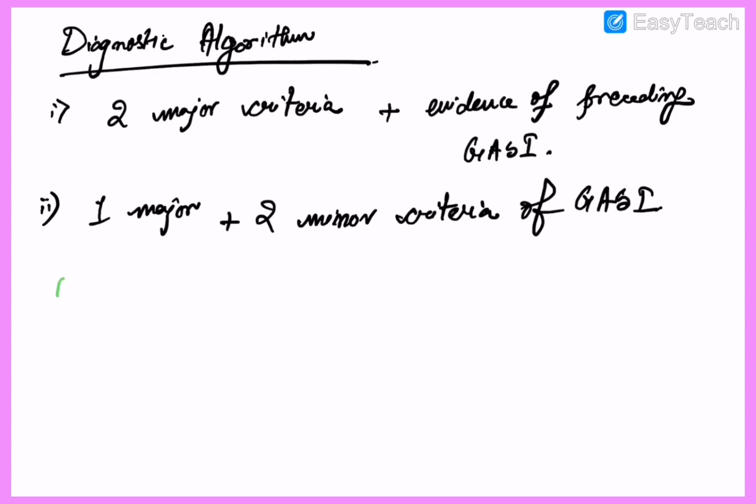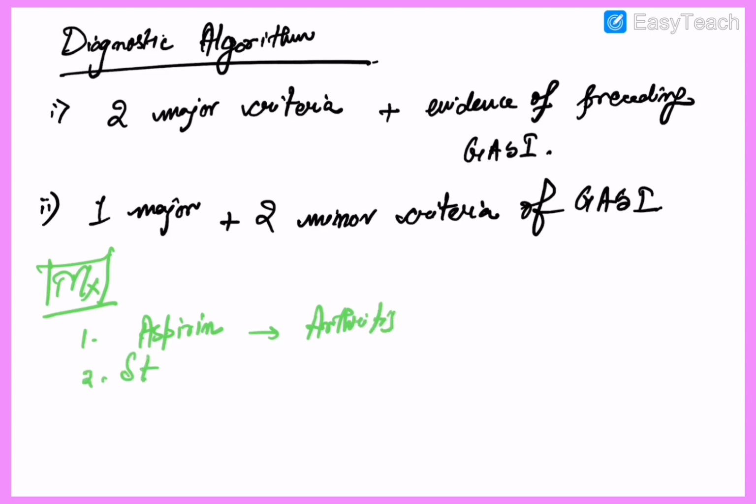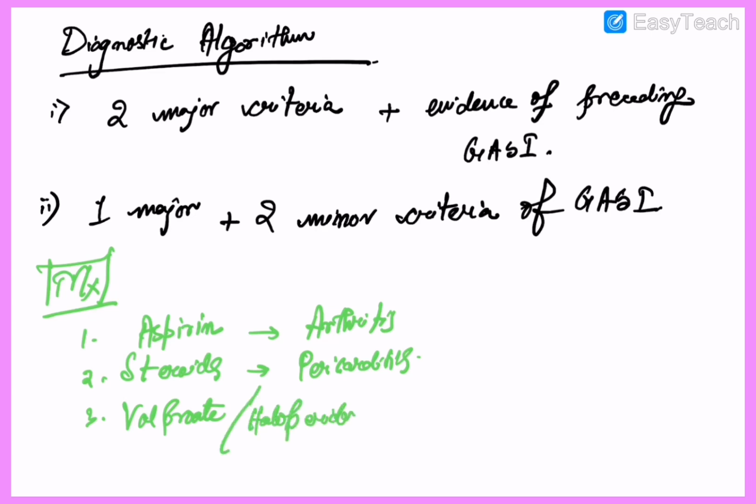Coming to the management part. Aspirin is given for arthritis. 2, steroids for pericarditis. 3, valproate or haloperidol for severe chorea.